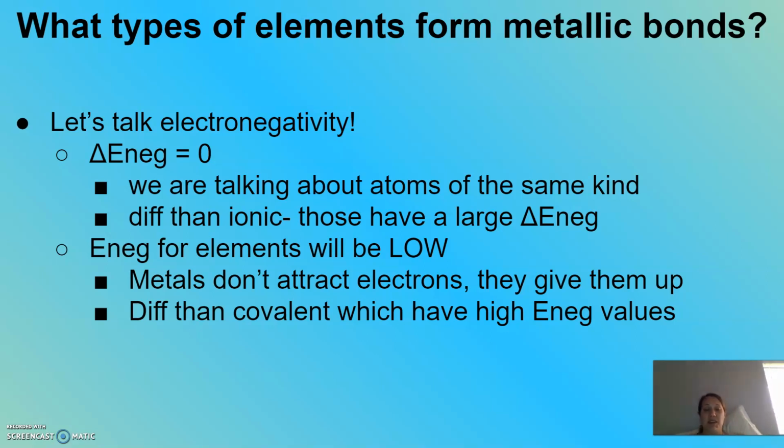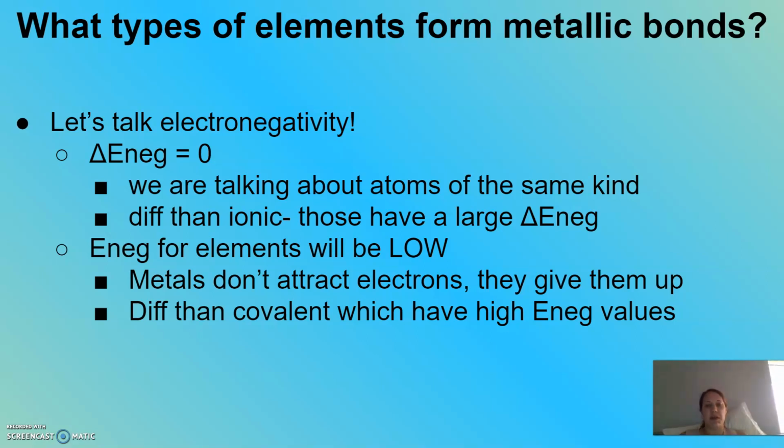Its electronegativity is 4. So if I have F2, sure, the change in electronegativity is 0, but it's not metallic because that's a high electronegativity value of 4 in that element. If I'm talking about metals, my electronegativity values tend to be like 1, maybe even lower than 1. So sure, my change in electronegativity is going to be 0 because I have the same element, but not only that, the value of the electronegativity is a very low value.